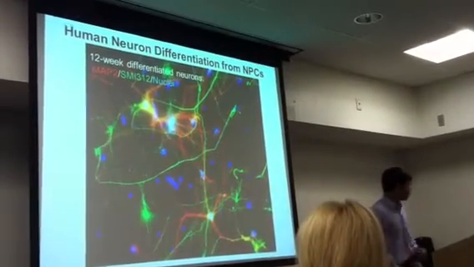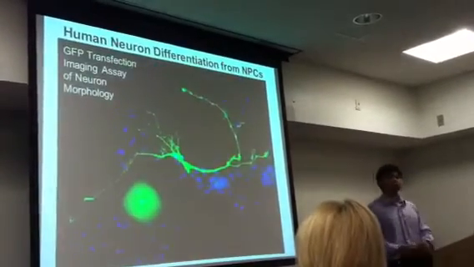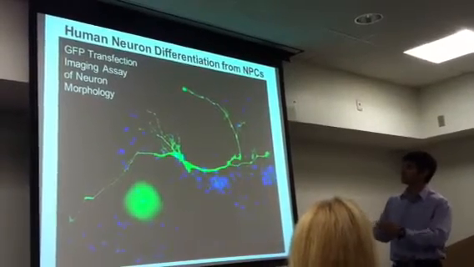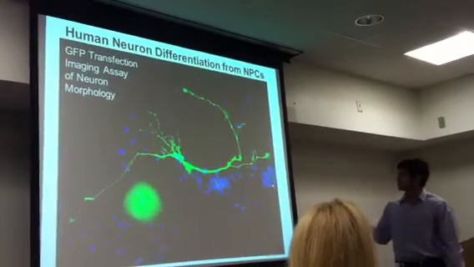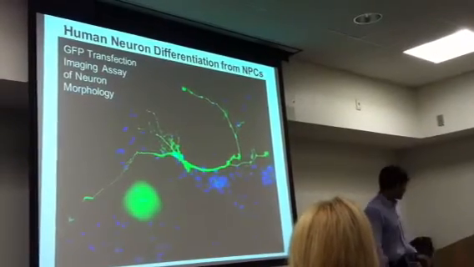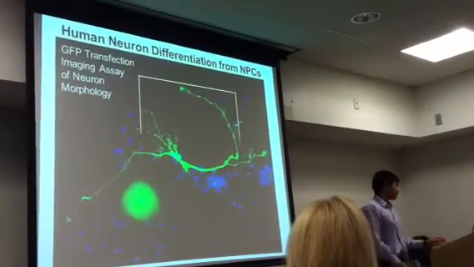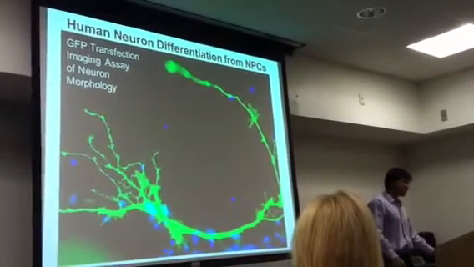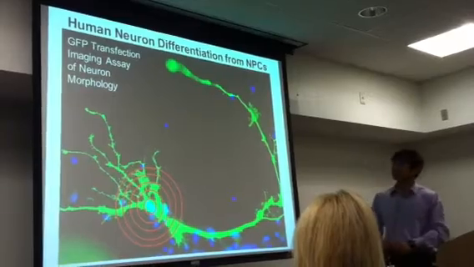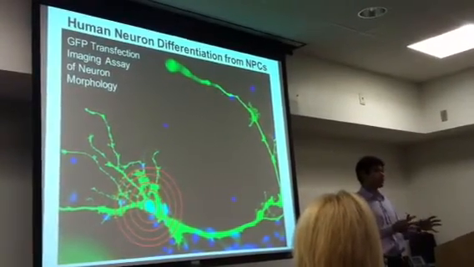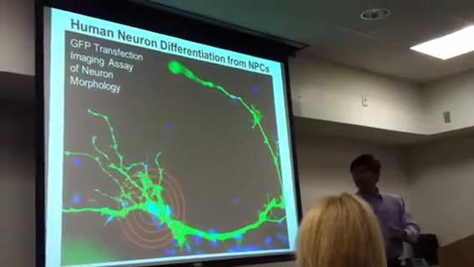So what we want to do is transfect individual neurons, or a small number of them, with GFP. In this image, you can see that there are a lot of neurons, but only one is stained here. Now, if we zoom in and look at the neuron a little closer, we can perform what's called a Sholl analysis, which is a way to quantify how sophisticated these neurons are in their morphology.